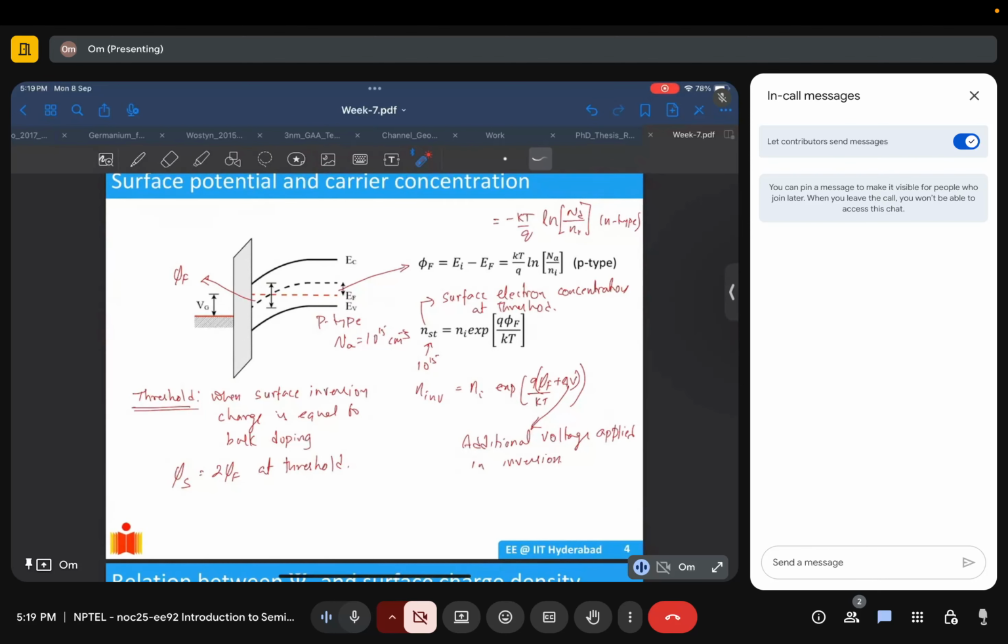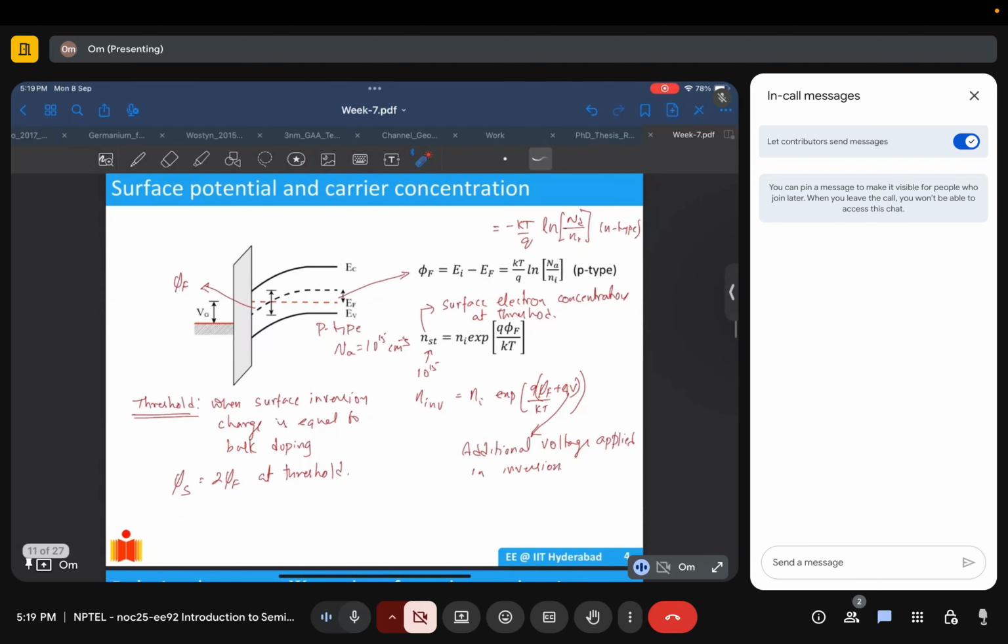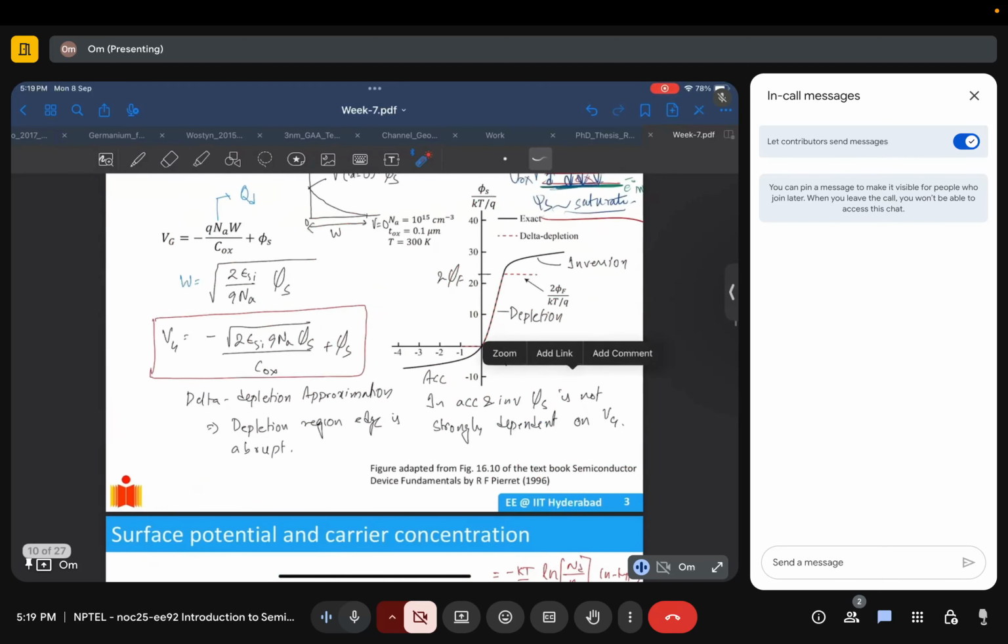So the voltage at which the surface inversion happens is called the threshold voltage, and the condition for surface inversion is psi s equals 2 phi f, and the voltage at that point is you just replace here 2 phi f. Then it becomes the threshold voltage.